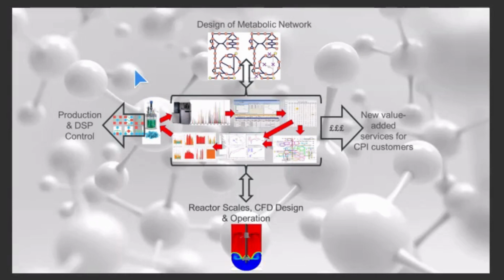Of course, the Uber experiment would be to take our metabolomics workflow and embed it fundamentally within our basic economic operation of a process. So our model has outputs, and we can take that to understand how it might affect our bioproduction, may affect things like downstream processing and product control.